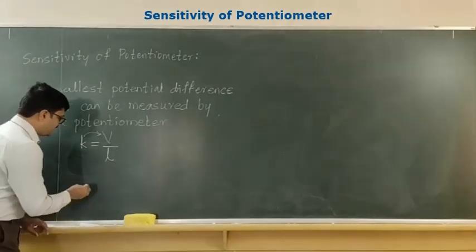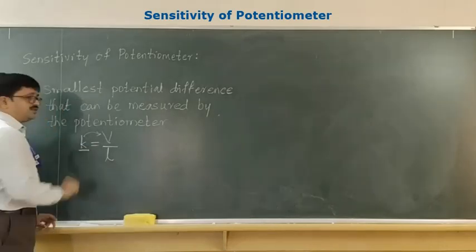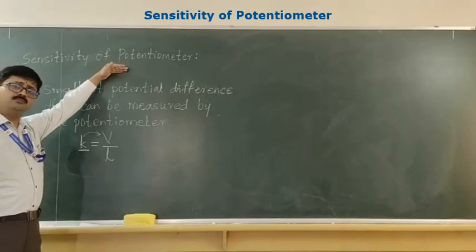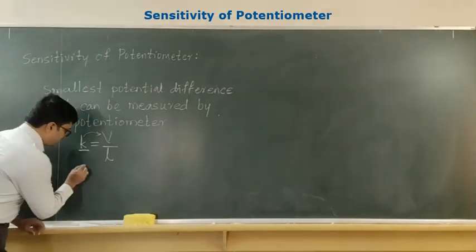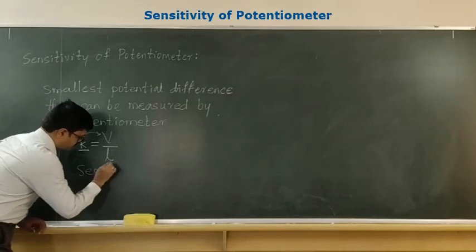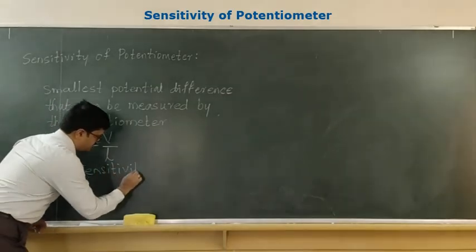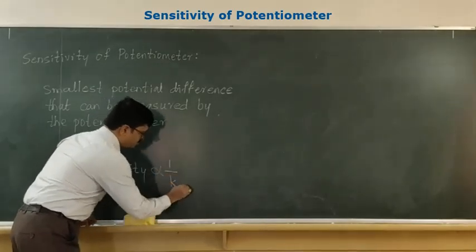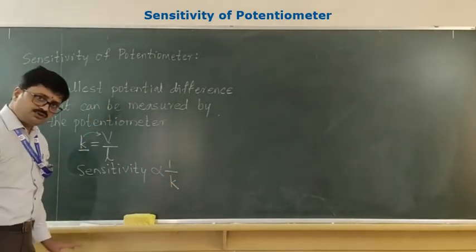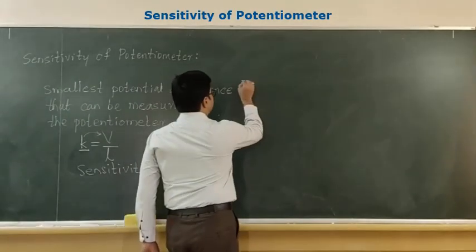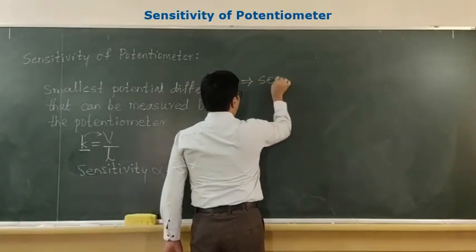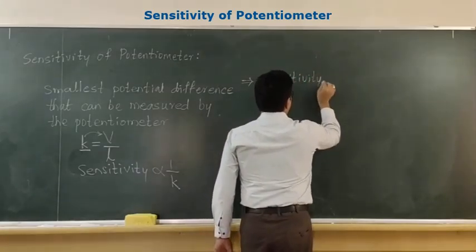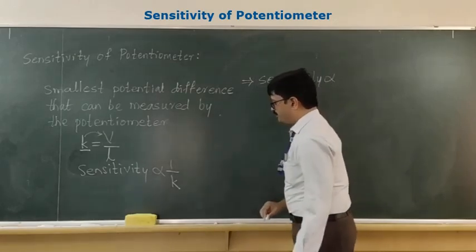So hence we can say that smaller the potential gradient, more sensitive will be the potentiometer. So that means sensitivity must be inversely proportional to potential gradient. Do you agree on that? Right? So this implies sensitivity is proportional to 1 by K. Now what is K?